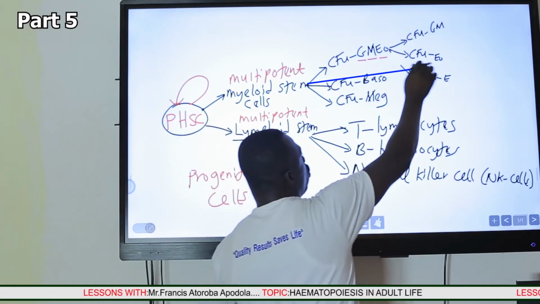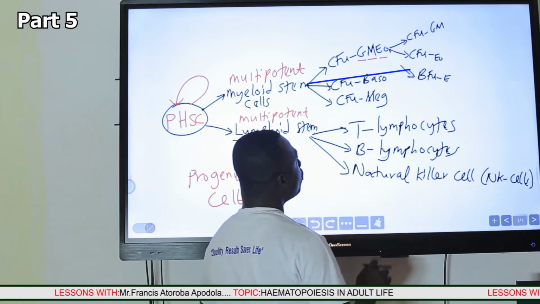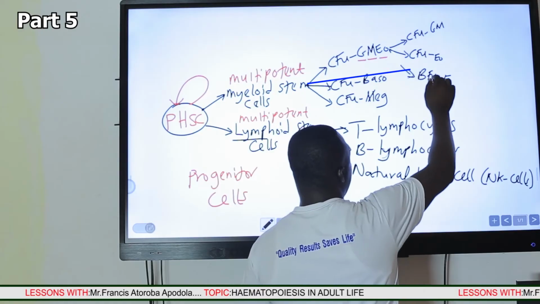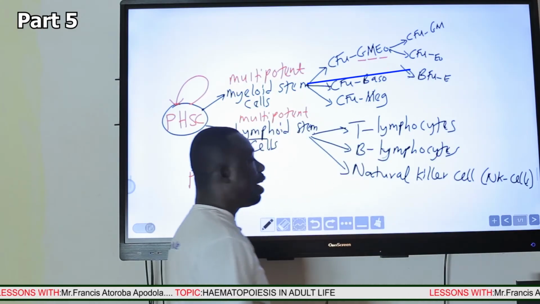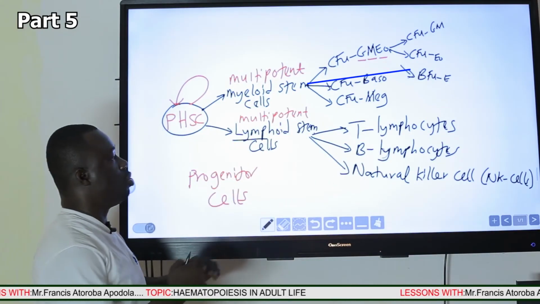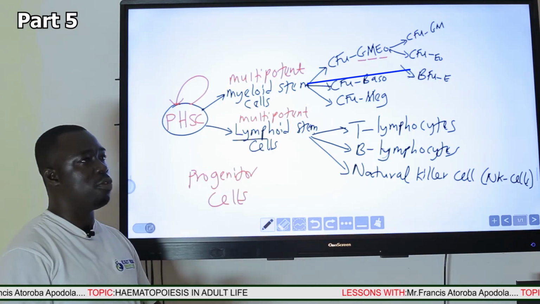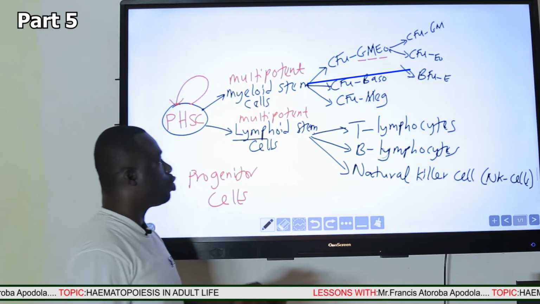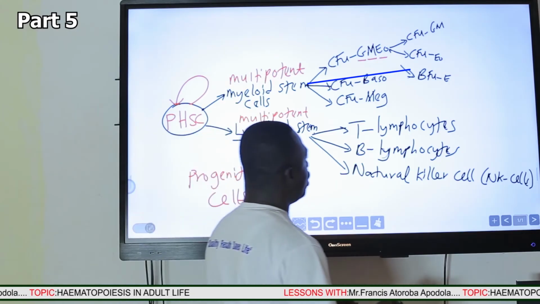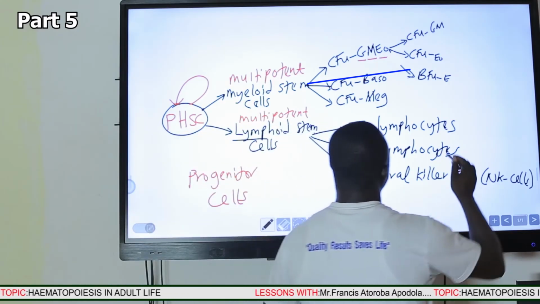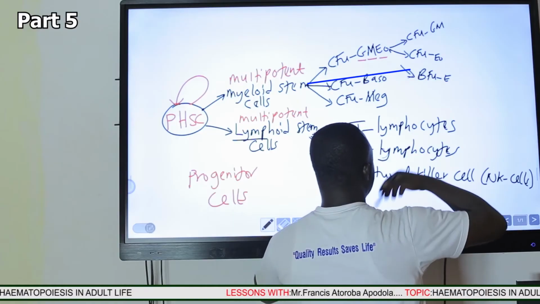So this is more committed to eosinophil production. And we have the burst forming unit erythroid. It is also made up of colonies of erythroid precursors, but it is in terms of numbers.